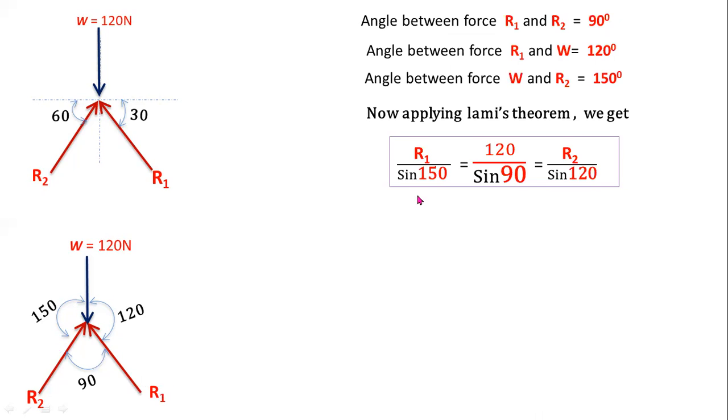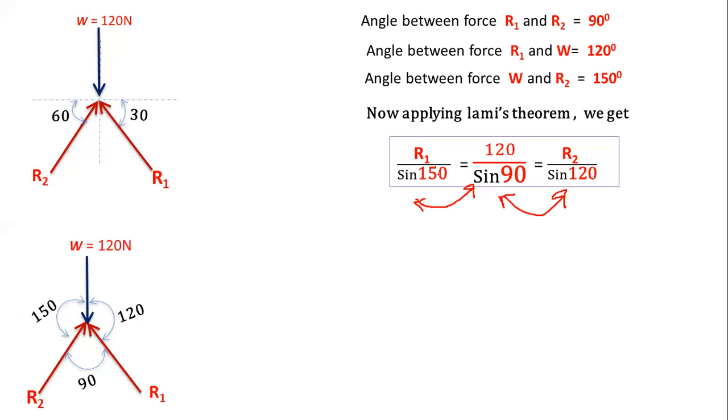So R1 divided by sine 150 equals W, 120, divided by sine 90 degrees, equals R2 divided by sine 120 degrees. From these equations, you can get the values of R1 and R2.